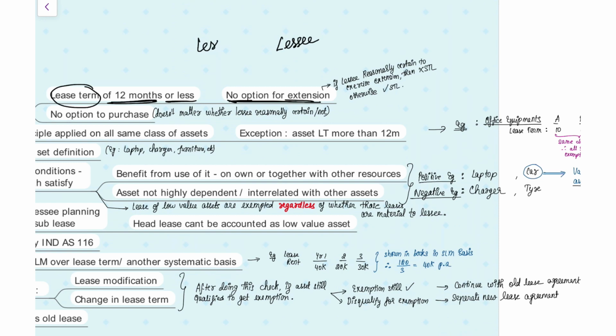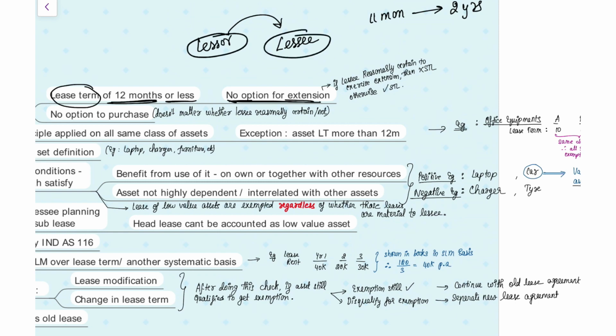Suppose the lessor gives the lessee an option that right now the lease term is only 11 months, so this is a short-term lease, but if you want to extend this lease to around 2 years, you can do that. We will give you an option.